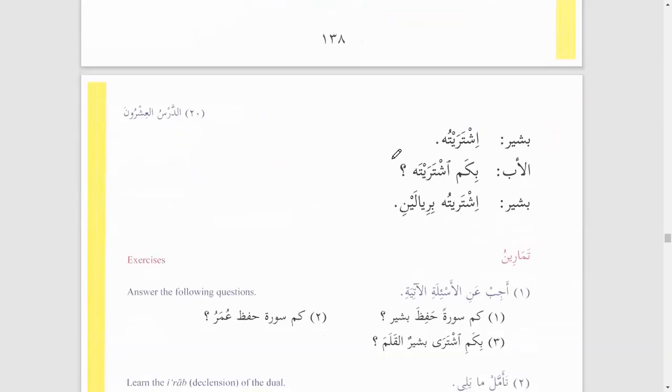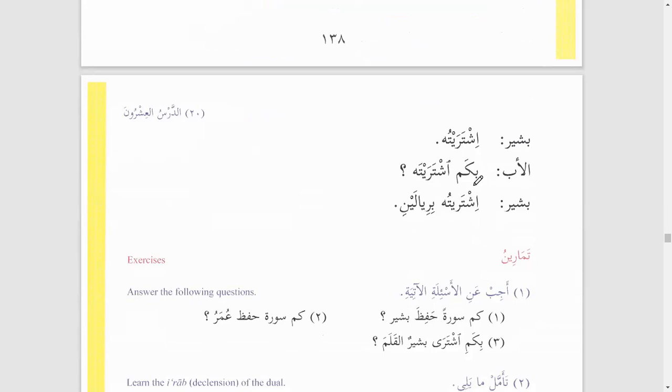Bashir says: اشتريته. I bought it. Yes. اشتريته. Okay, now there is a slight change, or one more rule of connecting the meem with a word that has Hamzat al-Wasl sukun.